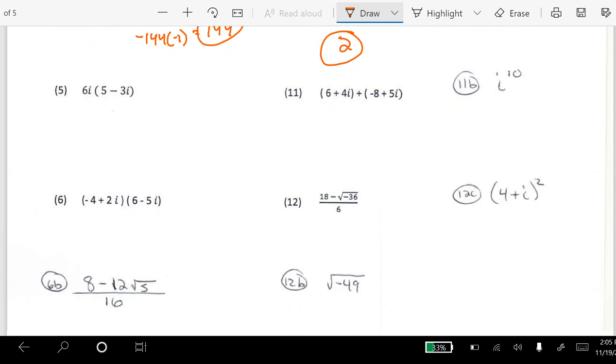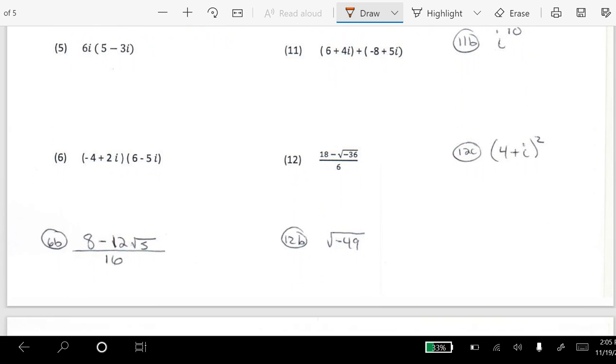We've done enough like that. Let's look at number 12, just in case. For 12, I would simplify this first. I would have 18 minus, and the square root of a negative 36 is going to be 6i over 6. And if you leave it like that, it wouldn't be considered reduced because it's like a fraction that you can reduce.